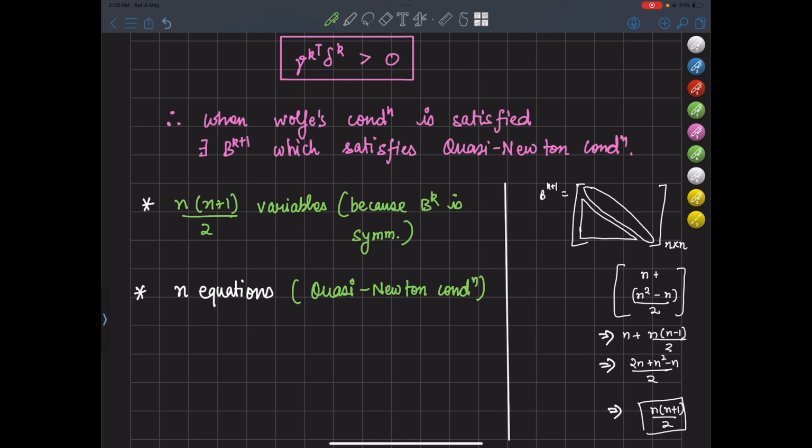How can we say that? If you look, it is bk plus 1 gamma k is equal to delta k. So bk plus 1 is an n cross n matrix, gamma k is an n cross 1 vector, and this is n cross 1. So basically we have n equations here, right?